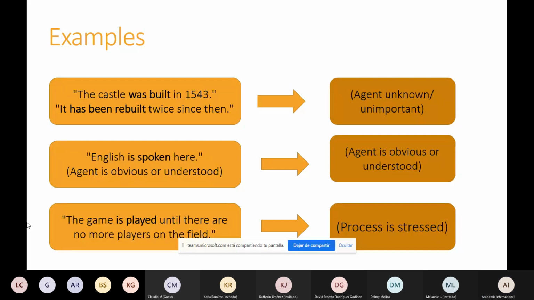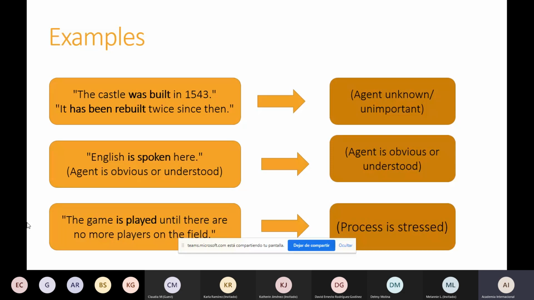Okay. We don't mention who was the builder of this castle. ¿Okay? Y no mencionamos quién realizó, o perdón, quién construyó el castillo en sí. No, solamente damos el dato que fue construido en un específico año.